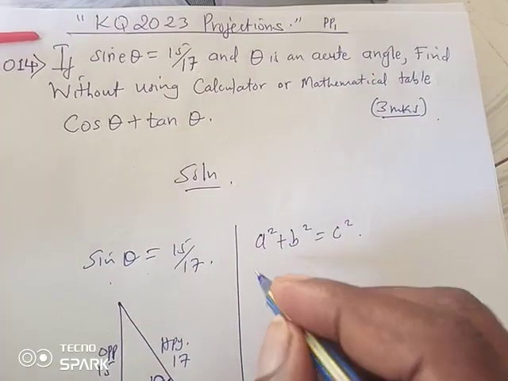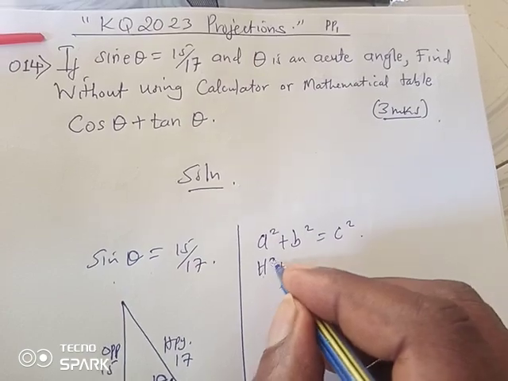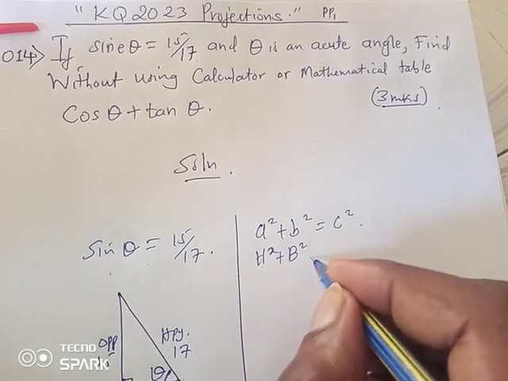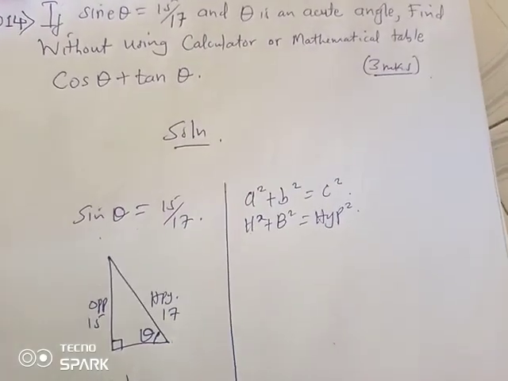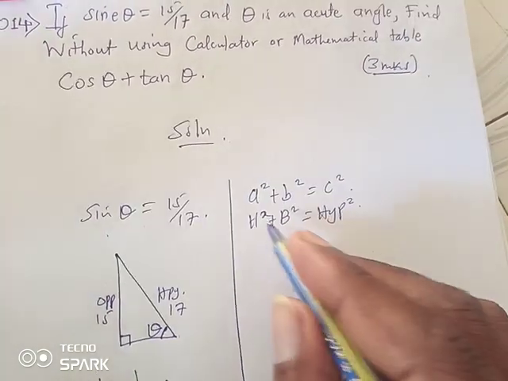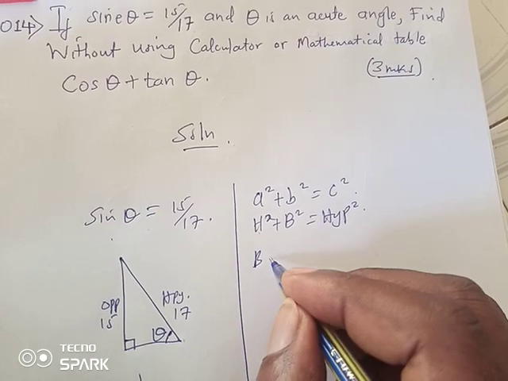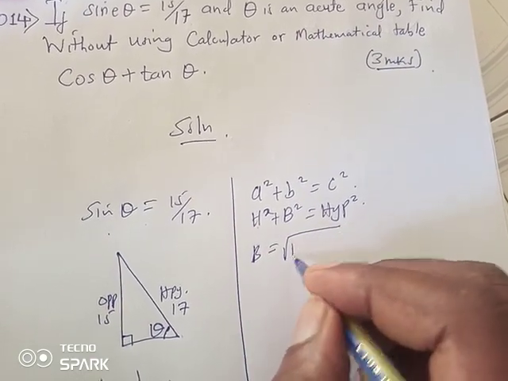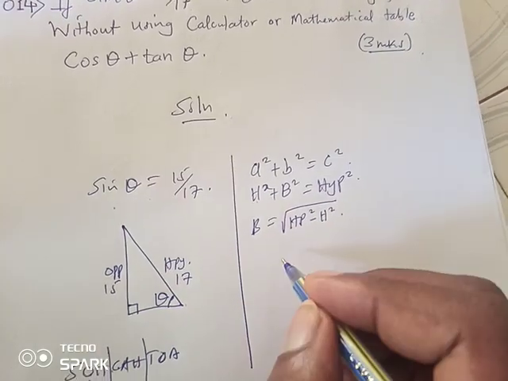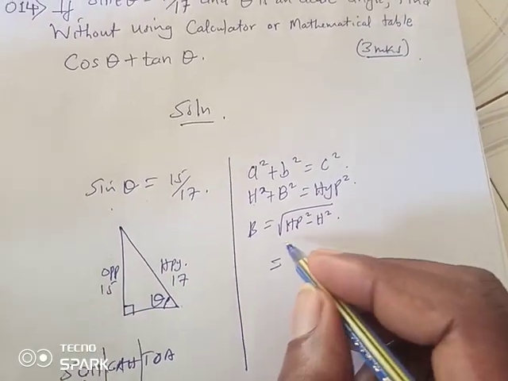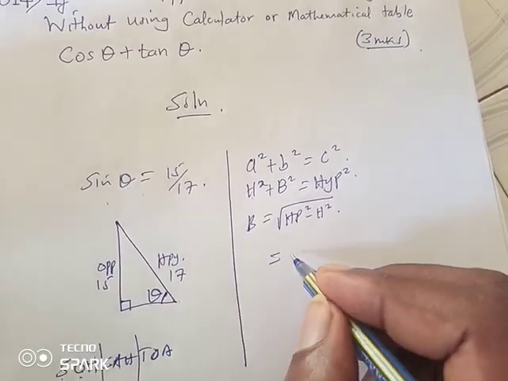Some people call it height squared plus base squared is hypotenuse squared. So we are lacking the base, and therefore the base will be the square root of hypotenuse squared minus height squared.